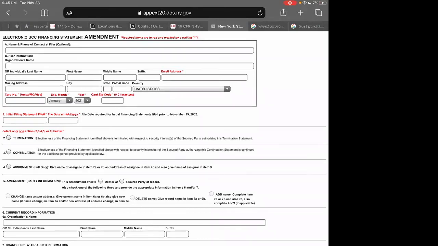A trust doesn't have a state ID card. You know what I mean? A trust doesn't have a driver's license. So you're going to have to present the information in a very specific way. Let me pull up an example so I can show you exactly what I mean from my own state.